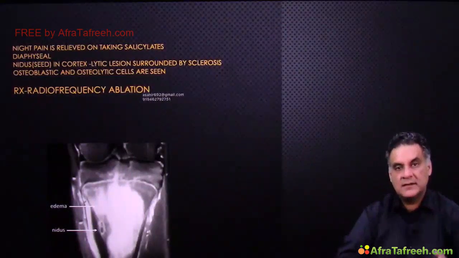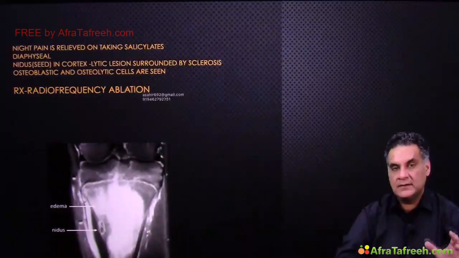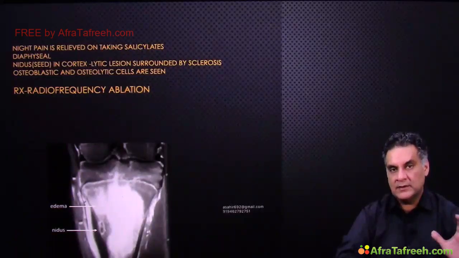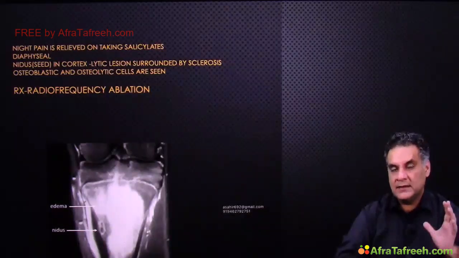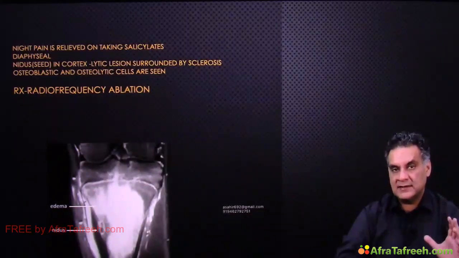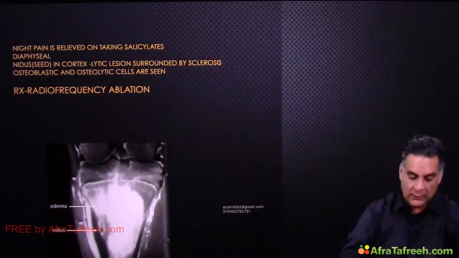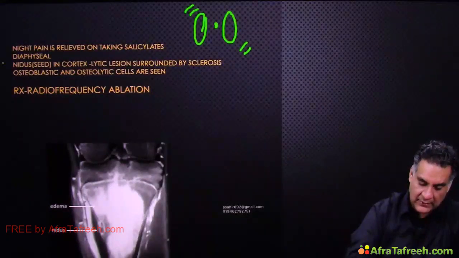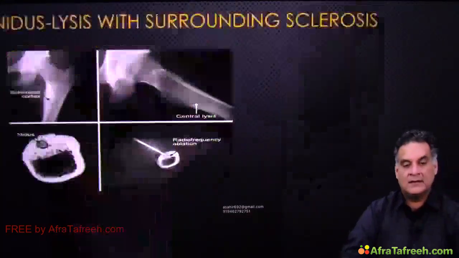Remember, they can give you this: patient has night pain, relieved on taking salicylates or aspirin. Whenever they talk about night pain relieved on taking salicylates or aspirin, think about osteoid osteoma. Osteoid osteoma is a diaphyseal lesion. It has a growth called a nidus.